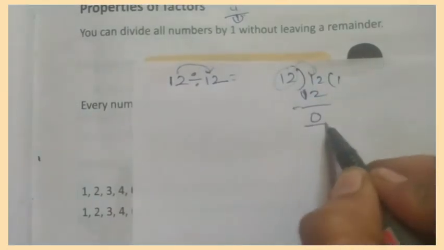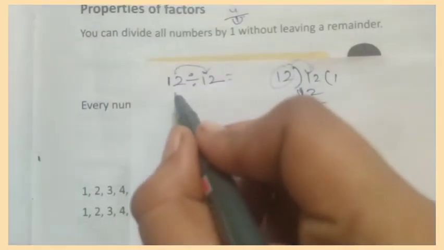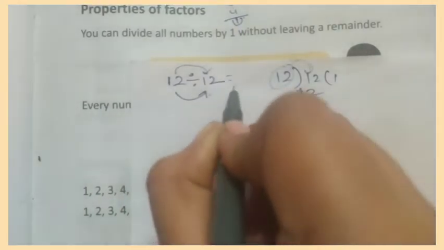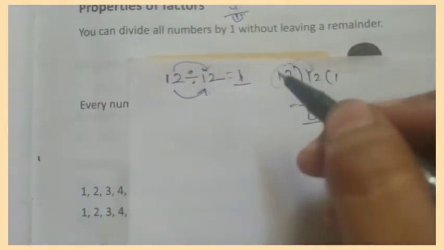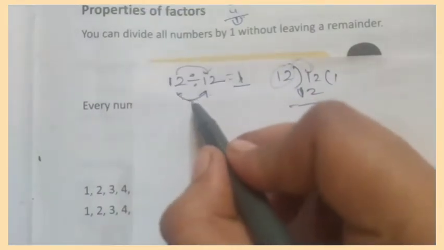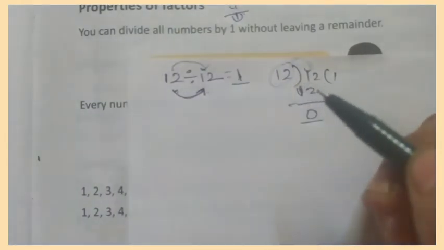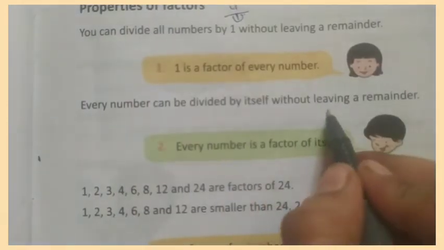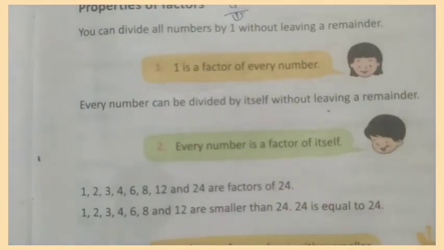We will get remainder 0. If we are dividing a number by the same number, then we will get remainder 0. If you get remainder 0, then we call every number a factor of itself.